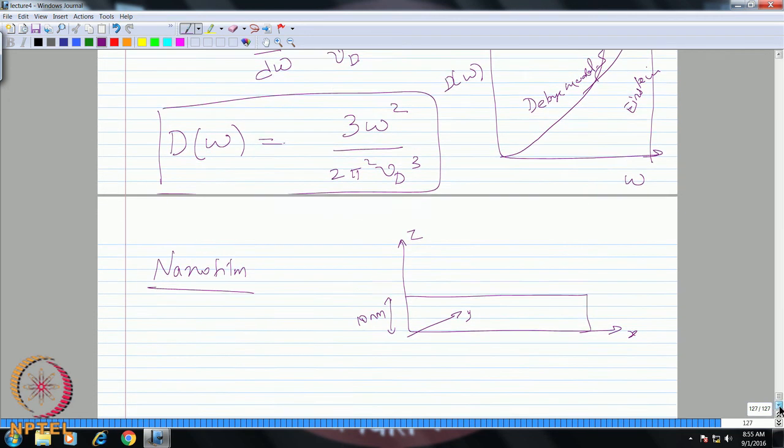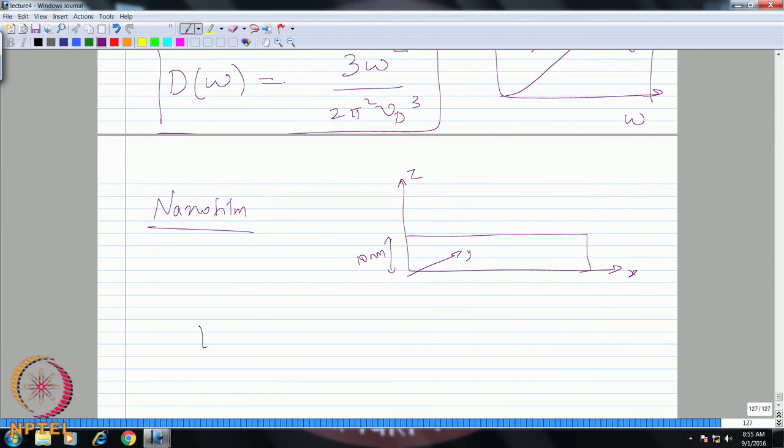So, in this case the energy which is a function of kx, ky, kz now will become discrete only in the z direction because of the confinement, right. So, it becomes quantized in the z direction, whereas in the x and y direction it will have the crystal wave vector.